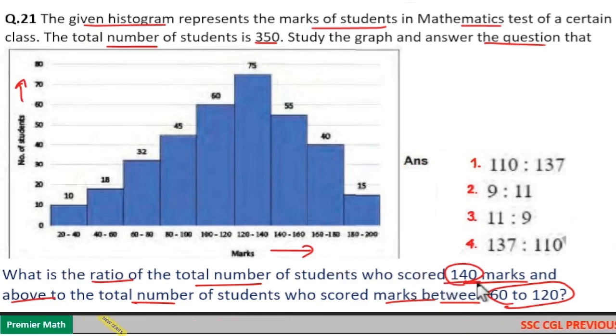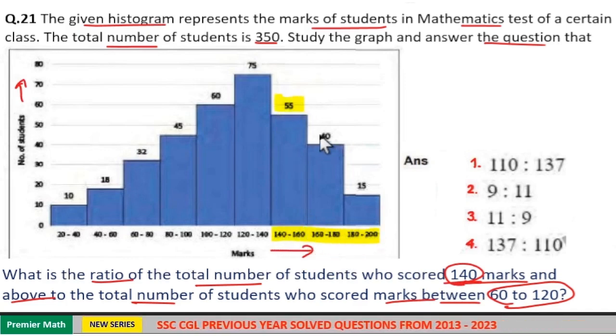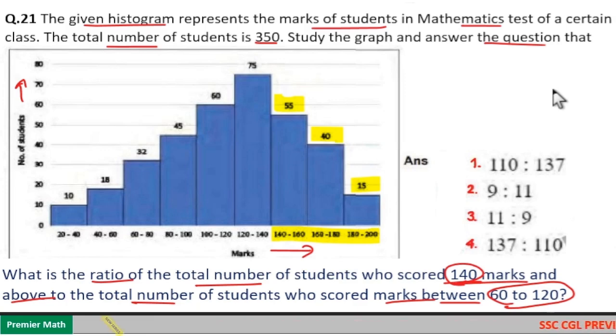We need students who scored 140 marks and above, which is equal to, here if you look at this is 140 mark. So 140 to 200: 55 plus 40 plus 15. 55 plus 15 is equal to 70, 70 plus 40, 110.